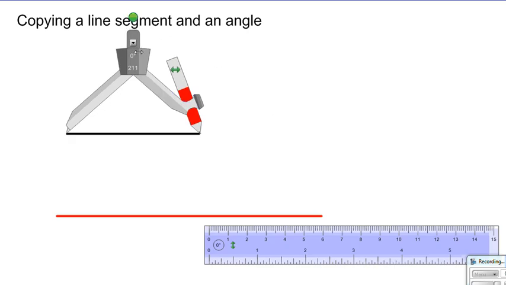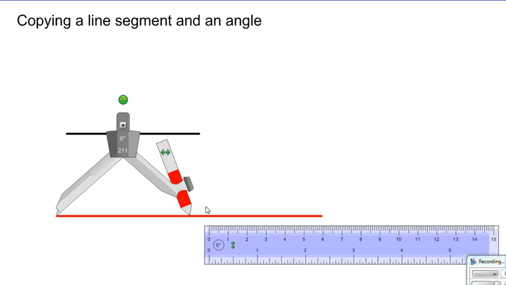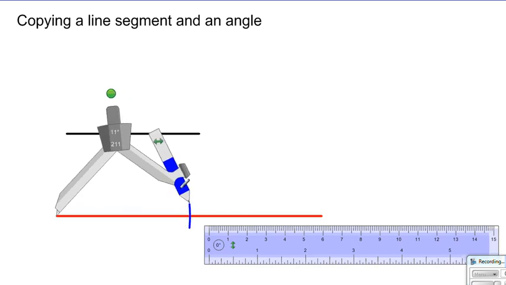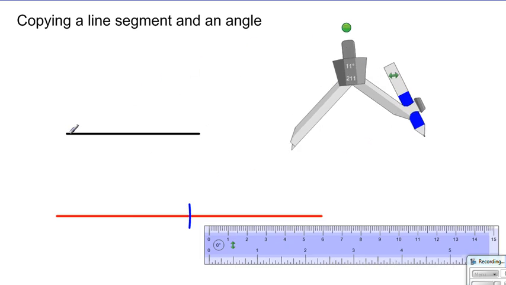Since that much is the length of the given line segment, I'm going to move that over here. And I will use a different color to mark it. Let us say blue. And if I mark it over here, then what I have done is I copied the length of this line segment onto this longer segment.